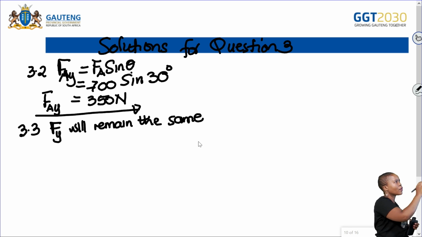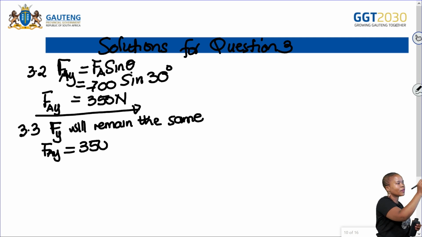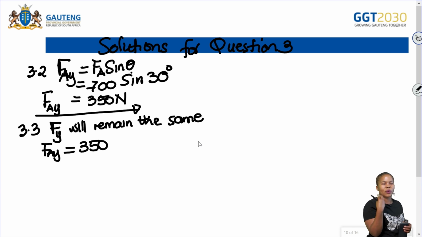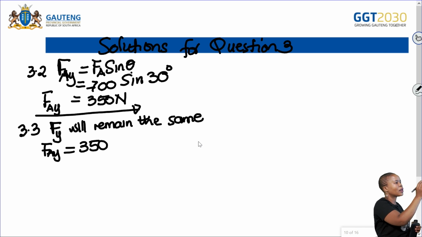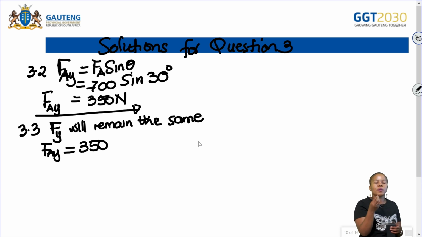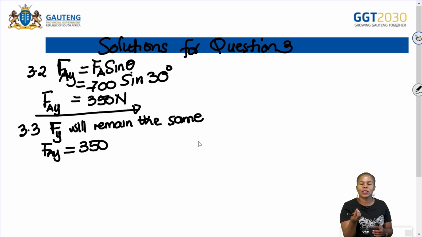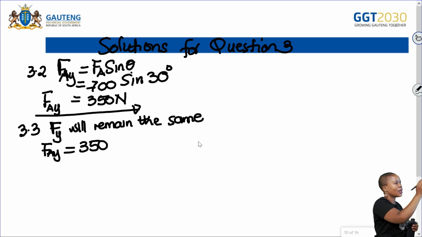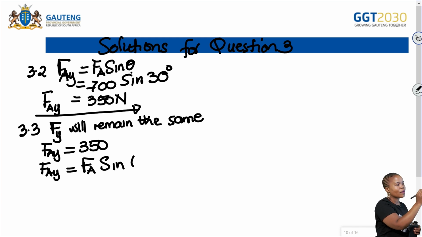So as it is pulling, Fay will be equal to what? To 350. Why is that? Because now we need to explain in terms of that. The variables involved in calculating your Fay: Fay is equal to the main force times sine of theta.